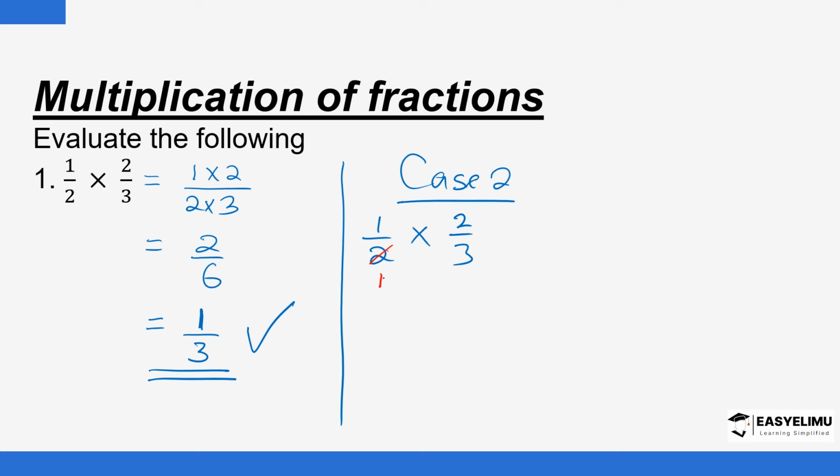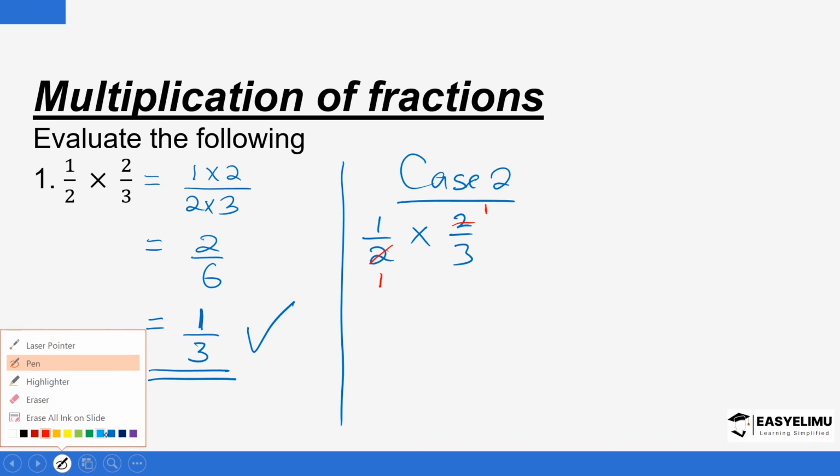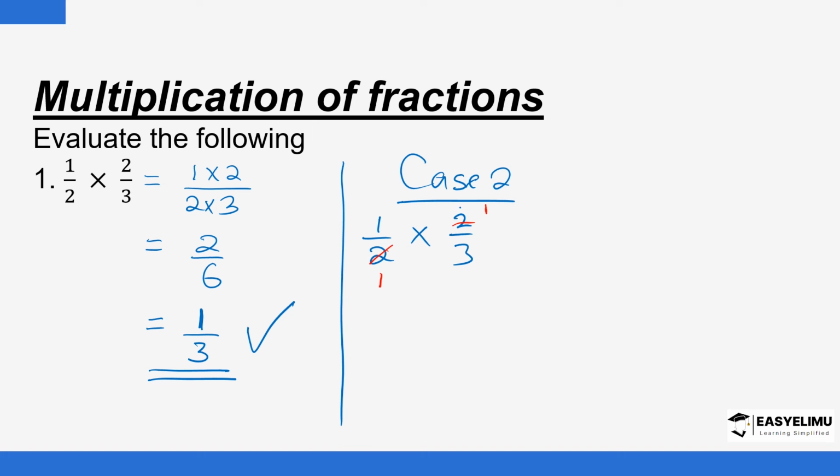So 2 divides 2 once, and 2 divides 2 once. So what you do now is multiply the remaining numbers. So we have 1 and 1, so 1 multiplied by 1, and then 1 by 3, so 1 multiplied by 3. And that is giving us again 1/3. So either of the two approaches can work for this problem.